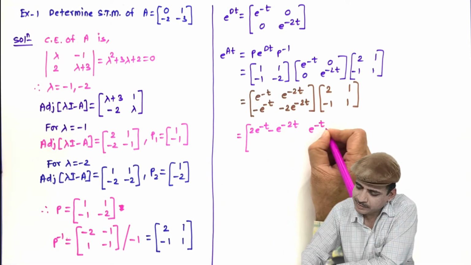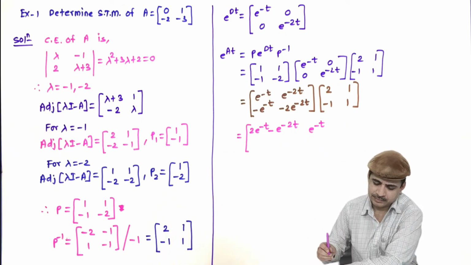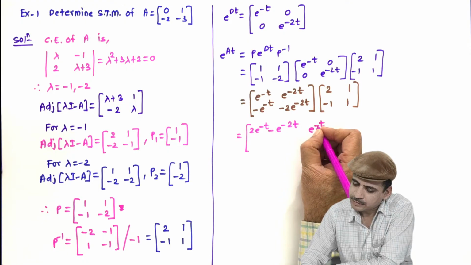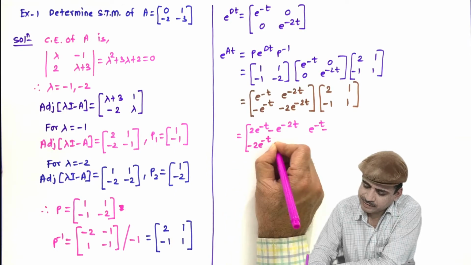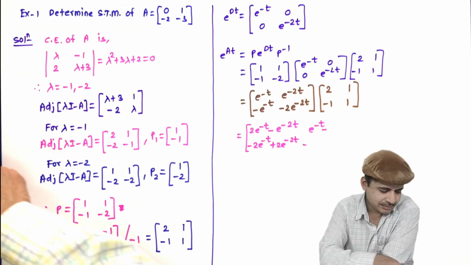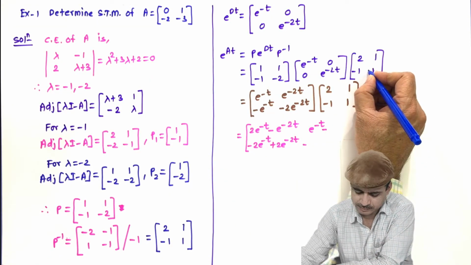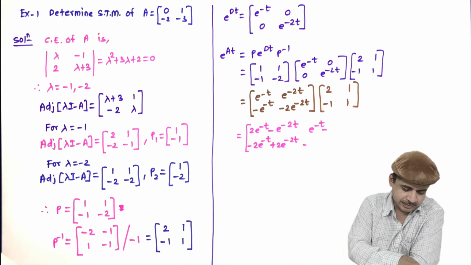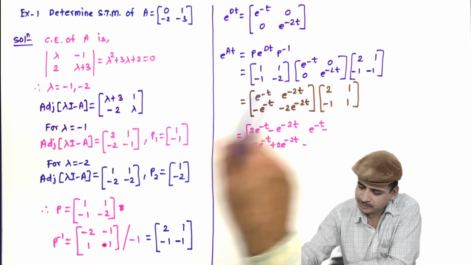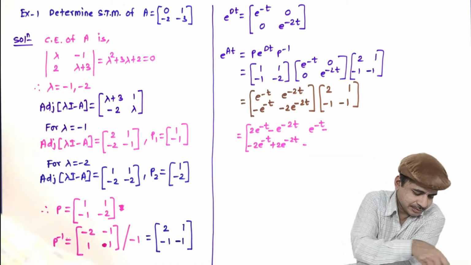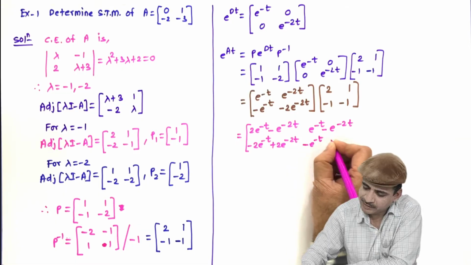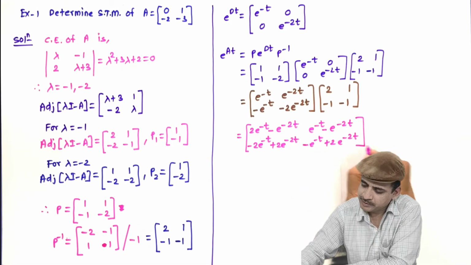The second element is e raised to minus t minus e raised to minus 2t. The third is minus 2 e raised to minus t plus 2 e raised to minus 2t, and the last element is minus e raised to minus t plus 2 e raised to minus 2t. This was the mistake: see, a minor mistake will change the complete scenario. So this is the state transition matrix.